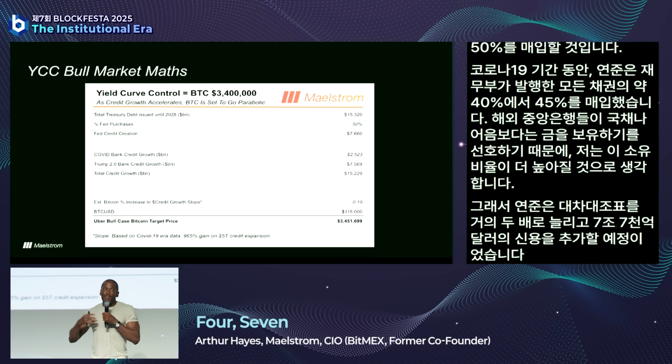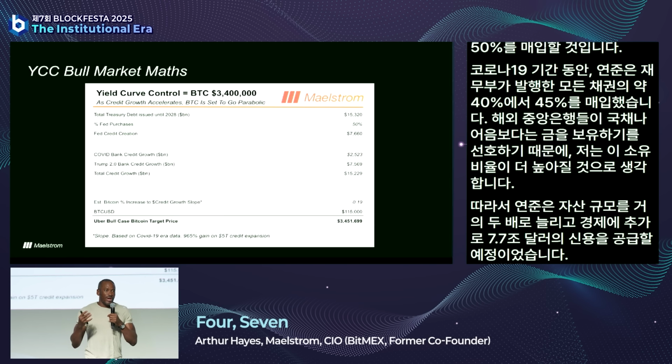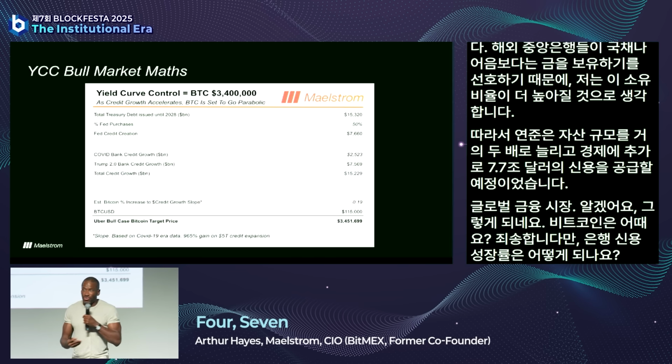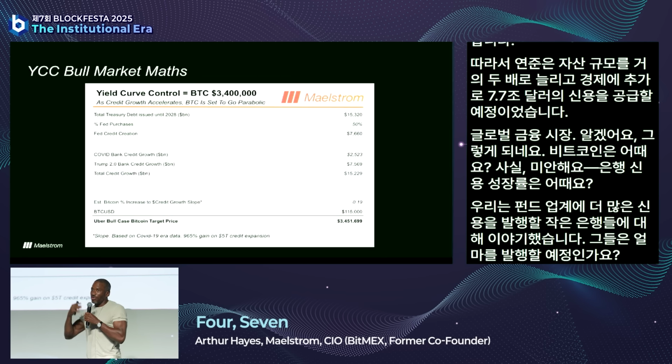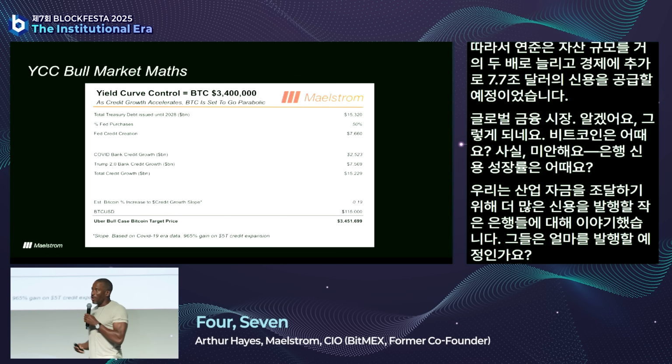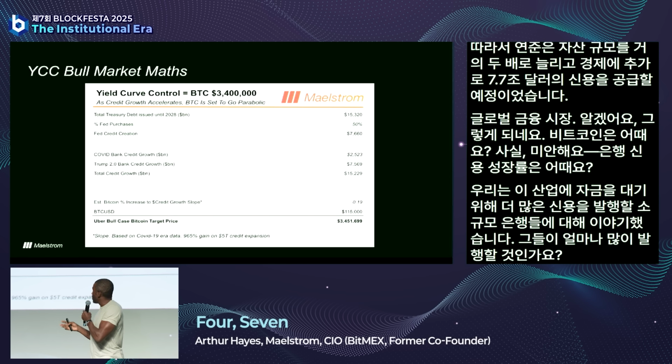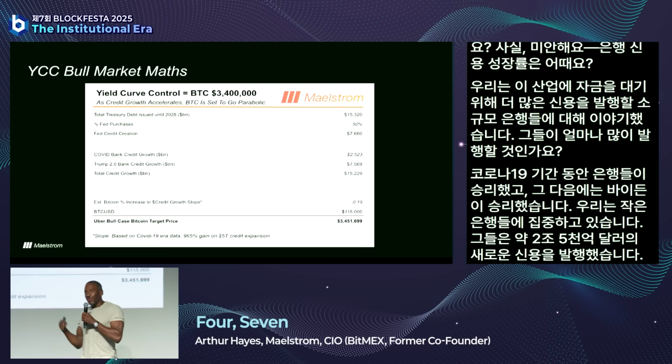What about Bitcoin? What about bank credit growth? I talked about these small banks who are going to issue more credit to fund industry. How much are they going to issue? During COVID, when Trump won and then Biden won, the banks, focusing on the small banks, issued about $2.5 trillion of new credit. And you can look at this number. Every week the Fed publishes it.